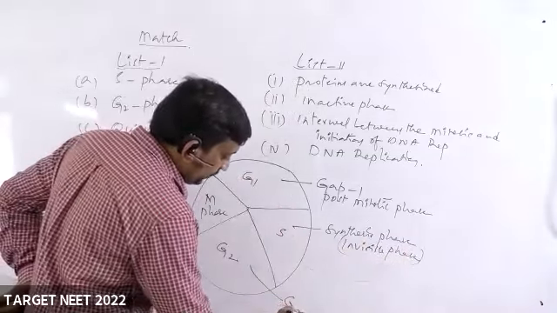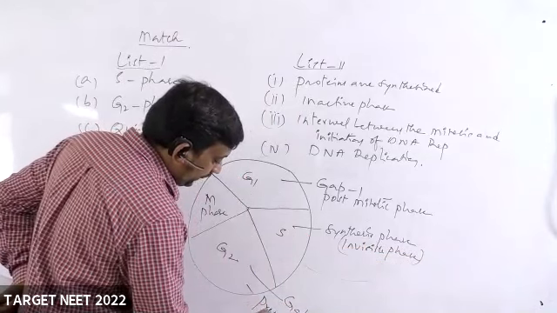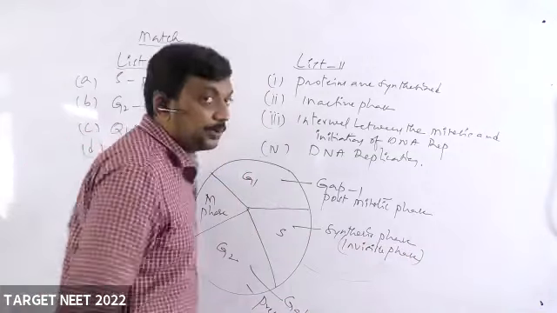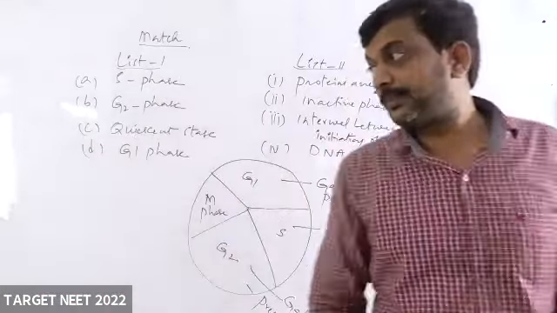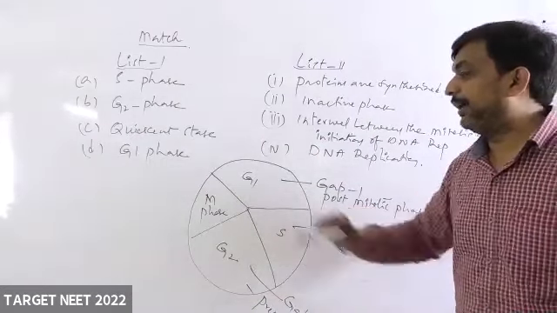G2 is called gap 2, and this is called the pre-mitotic phase. So this is G1, S, G2 and M phase.